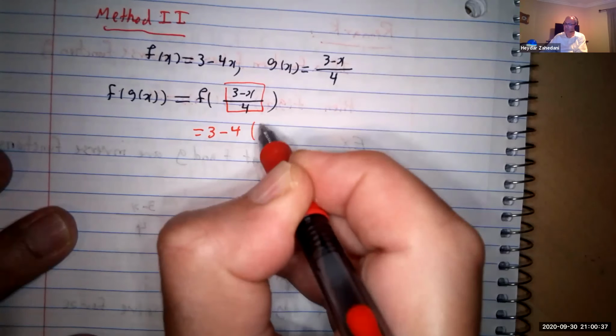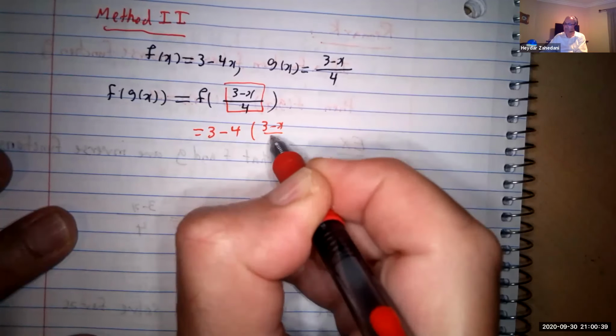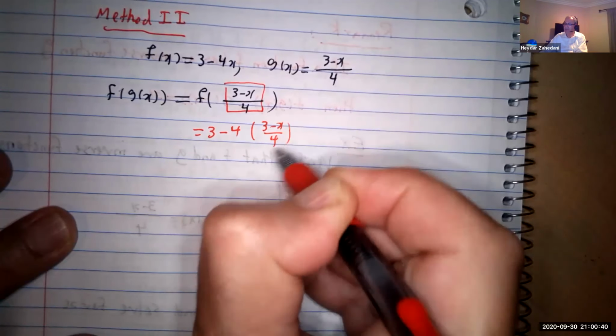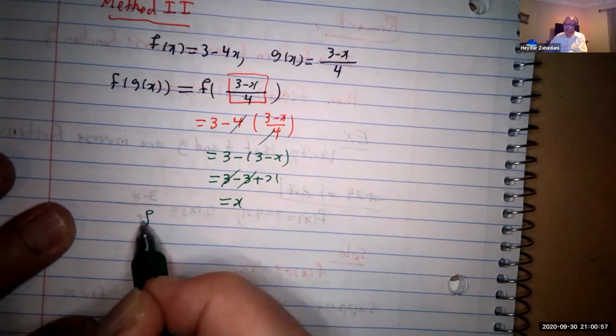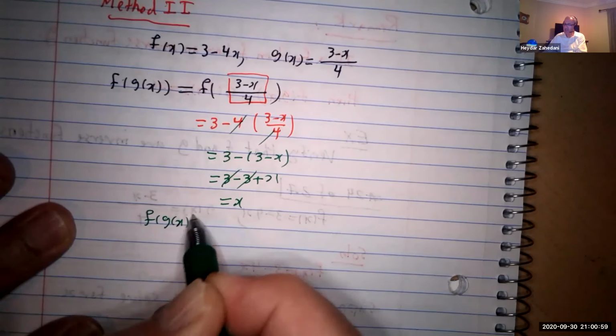What is in the box? 3 minus x over 4. Simplify it. These two cancel out. That gives you 3 minus 3 plus x. These two cancel out, we get the x. So f of g of x is x.